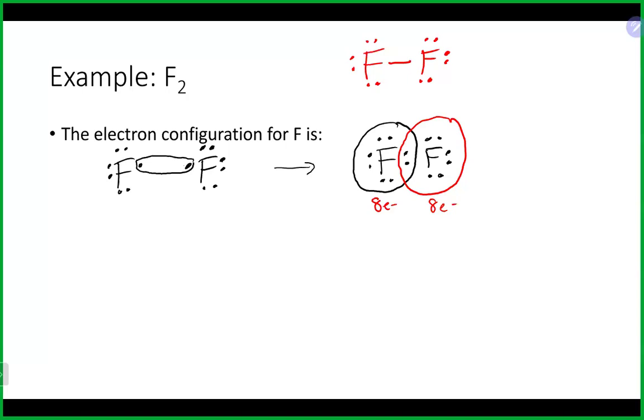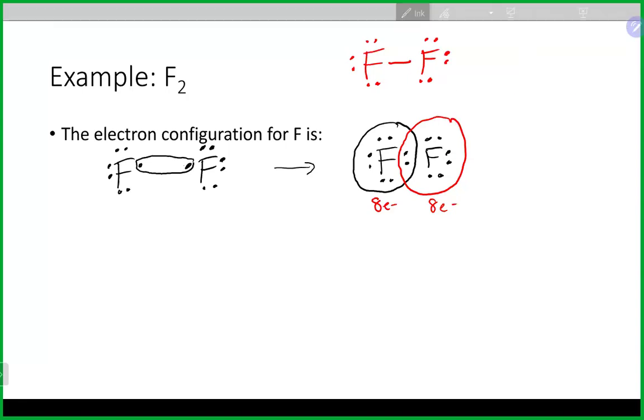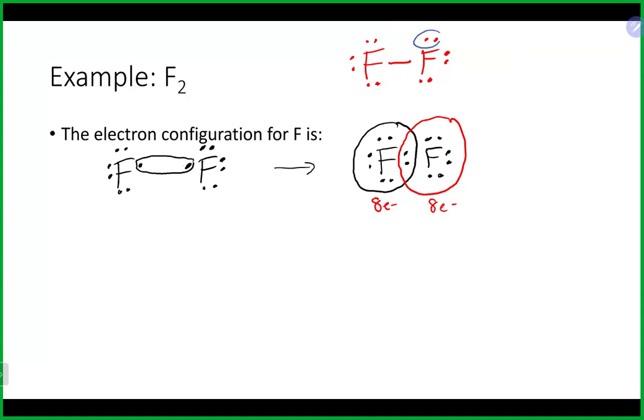Now, when we look at something like this, there are a couple of different types of electrons involved in this. All of these electrons here on the outside are not involved in any type of bonding. I know that because there's no other element on the other side of the dots, right? So there's nothing hanging out on the other side of those dots. So there is no bonding happening there.